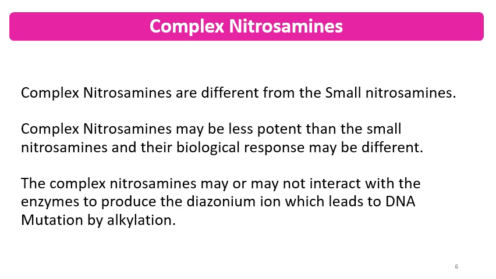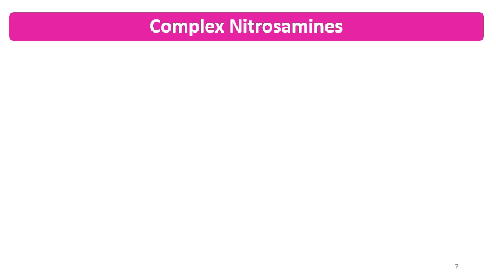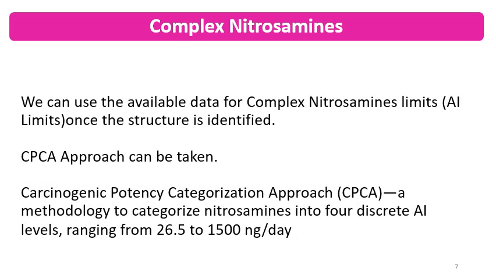They may or may not interact with the enzymes to produce the diazonium ions, which lead to DNA mutation by alkylation. See, to mutate the DNA, formation of the diazonium ion is required, which is very common with small nitrosamines. So the complex nitrosamines may interact in a different way, and that's why their mutagenicity may be different or less potent.